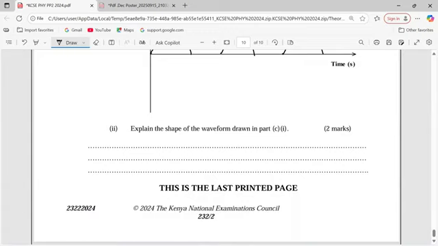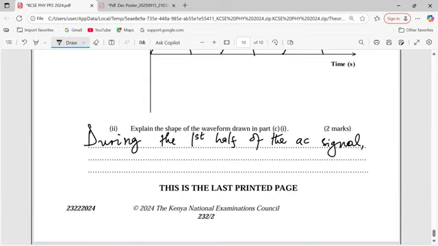During the first half of the alternating current signal, the diode is forward biased and allows current to flow.